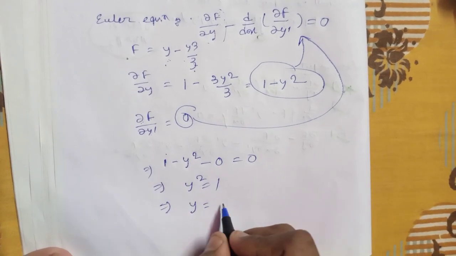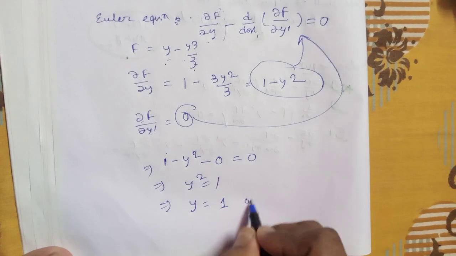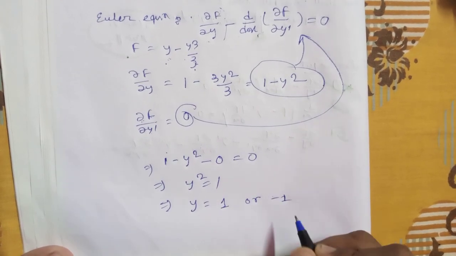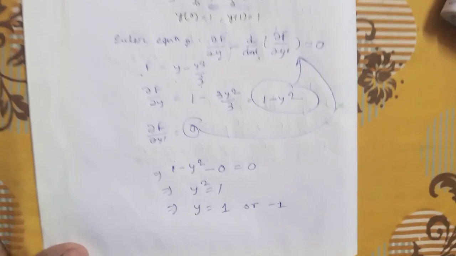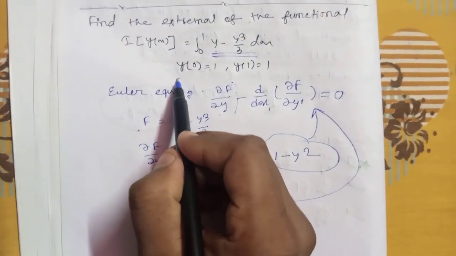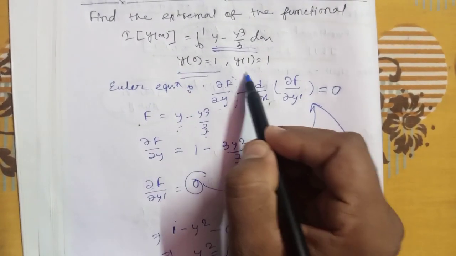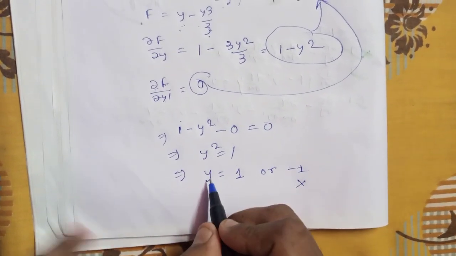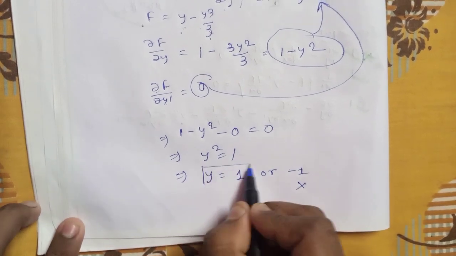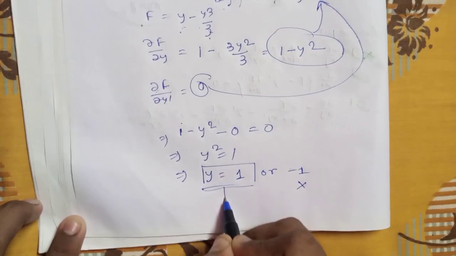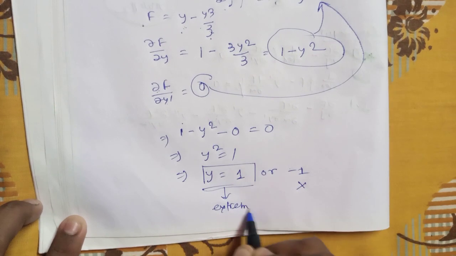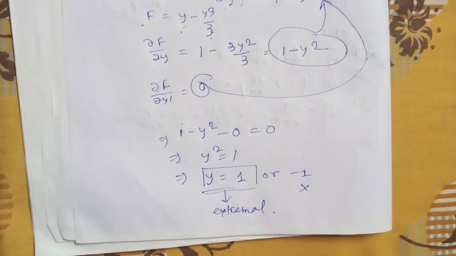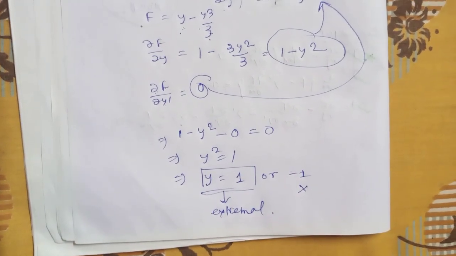After simplifying, we will get either y equal to 1 or y equal to minus 1. But here we can see that y(0) equal to 1 and y(1) equal to 1. So y equal to minus 1 is not possible. The only possible value for y is y equal to 1. So this is our extremal. Fine.